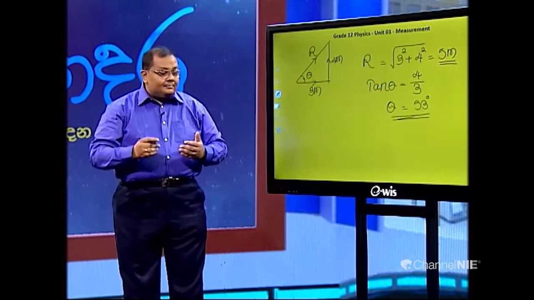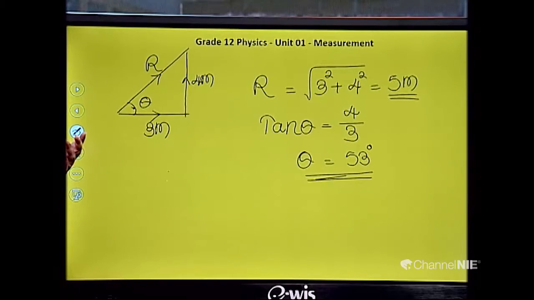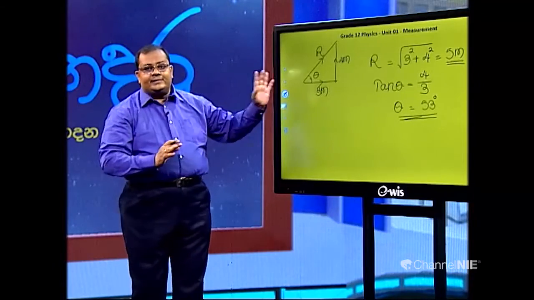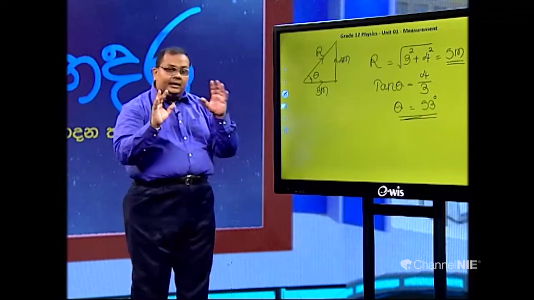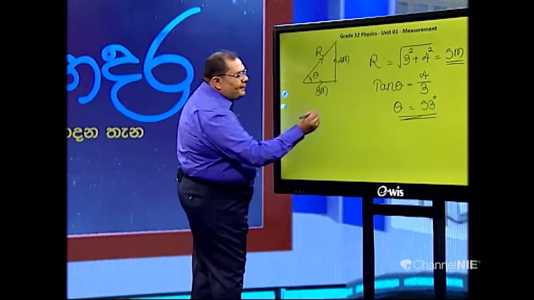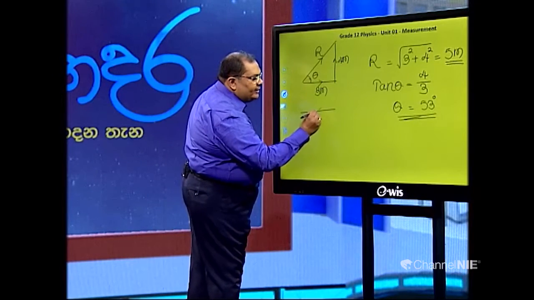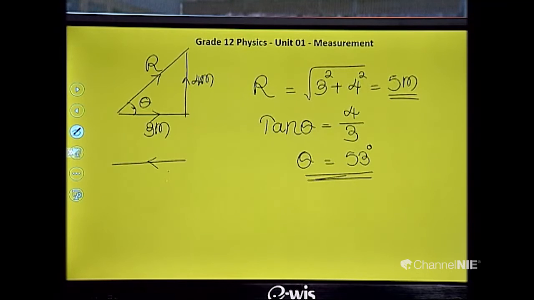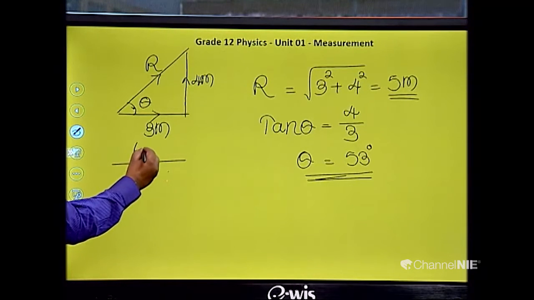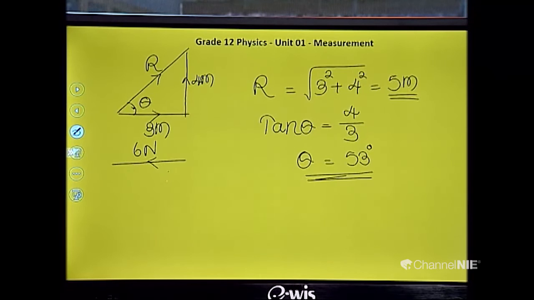Sometimes these vectors can be given in another way also. For example, assume now you are given another two vectors. In this direction one vector, assume 6 newtons, and another vector is given downwards, here to here, 8 newtons. Then you can find the resultant of them in the same manner.